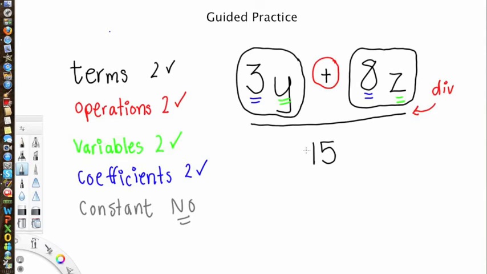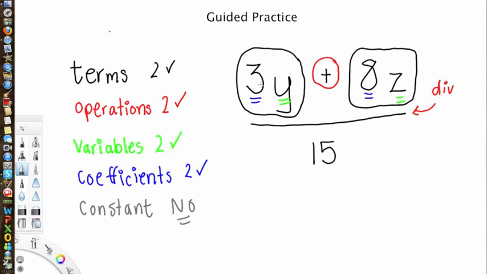And someone might say, well, then what is 15? Well, 15 is not a term because it's not all by itself, separated by addition or subtraction. It's actually dividing. And if anything, it's part of the coefficient. Since we have to divide both of these terms by 15, how many y's do we have?